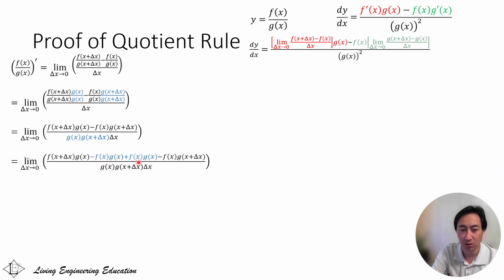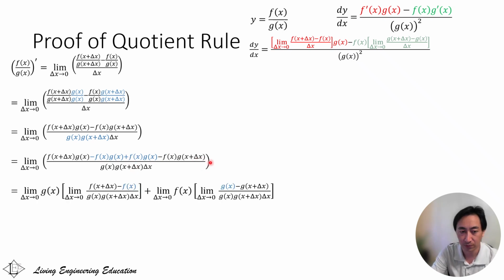So I subtract it here, add it here, so there's no change to the equation itself. And then I can segregate the two parts of this fraction, this one part and then this another part, and then we can factor out terms. So for these first two terms here, I can pull out a g(x) term. That's showing up right there.